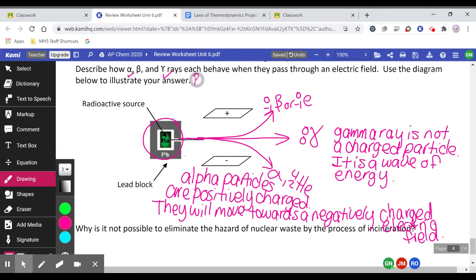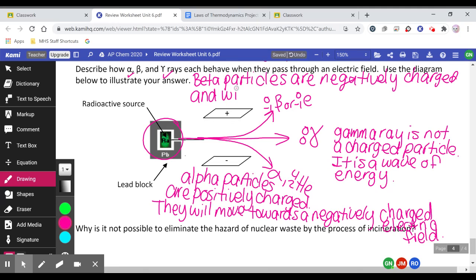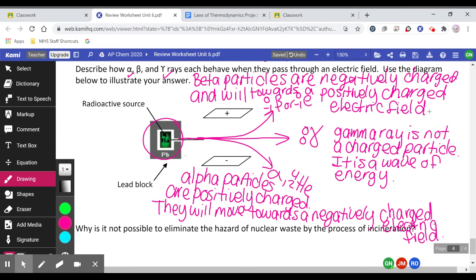Okay, so beta particles are negatively charged and will move towards a positively charged side of the electric field.